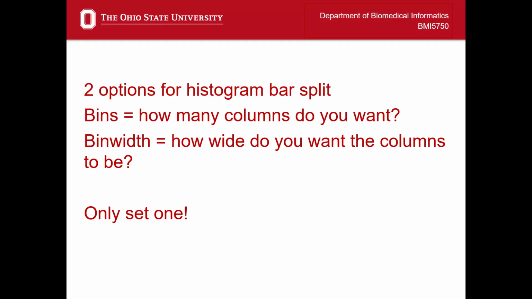Maybe I want each column to be 10 units. And that's when you would specify your bin width. How wide do you want your columns to be? How much of the data do you want this column to be representing? So bins is how many columns do I want, where bin width is how wide do I want these columns to be. And we only specify one. You either get to choose one or the other, whatever makes more sense for your data.